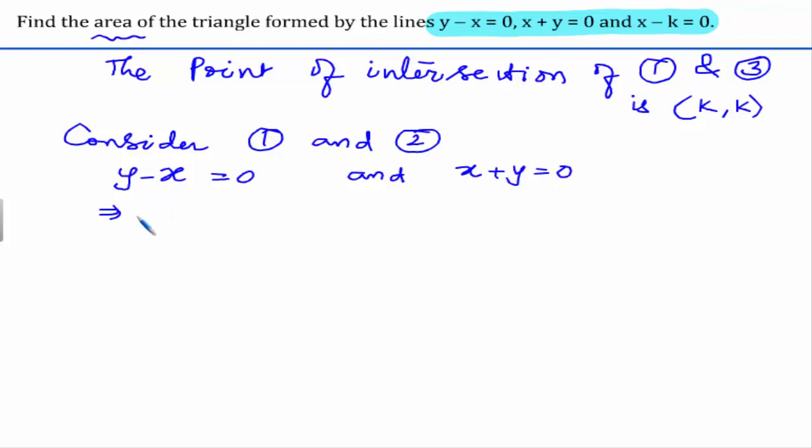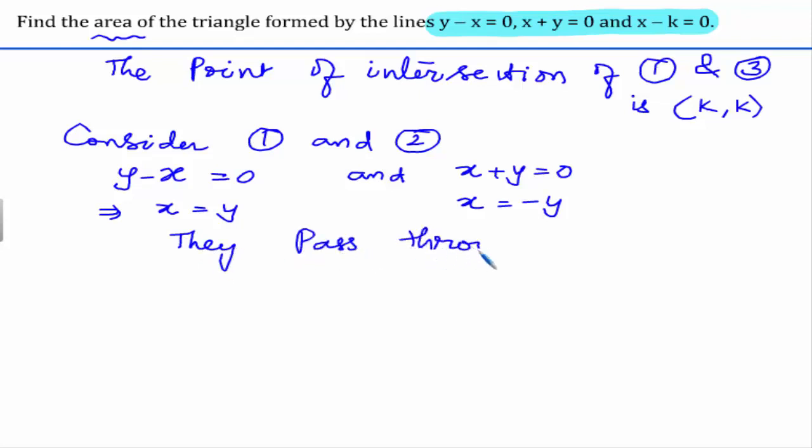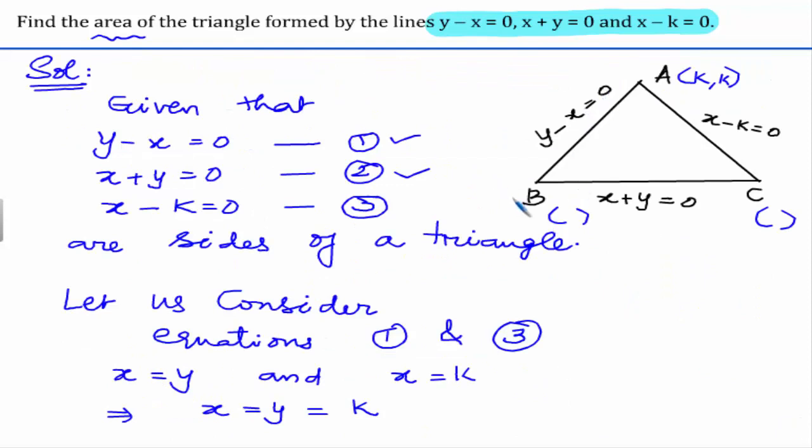From the first equation, x is equal to y, and from the second equation, x is equal to minus y. As we know that the equations which are in the form of y is equal to x pass through the origin. So the point of intersection of these two lines will be 0, comma 0.